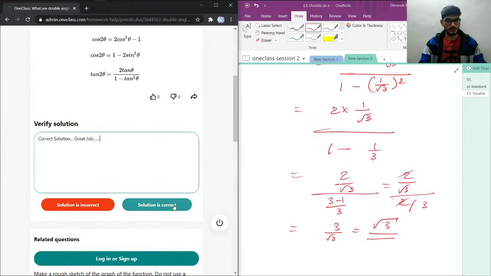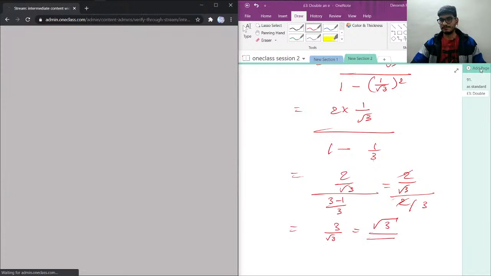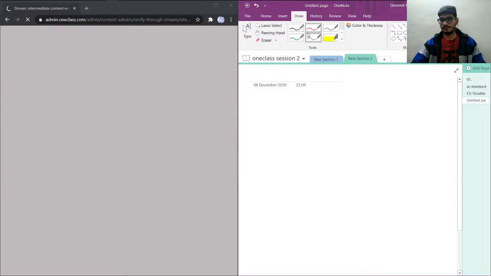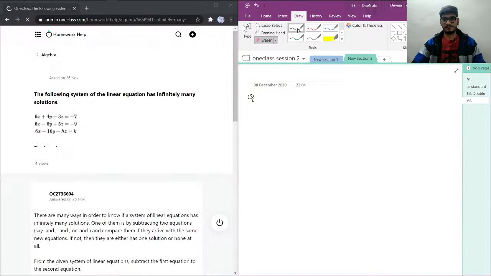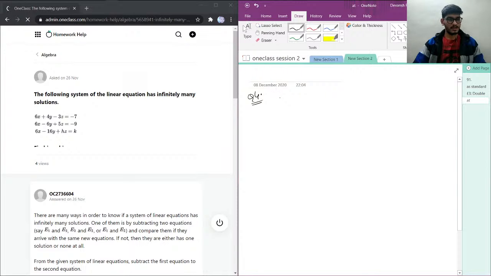And let's move for the next question. We need to find the values for which the following system of linear equations has many solutions.